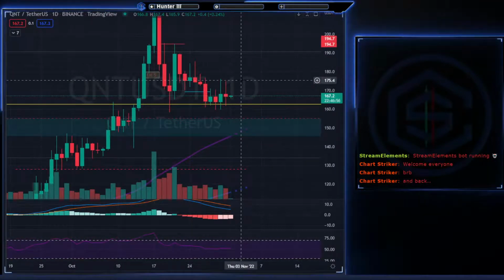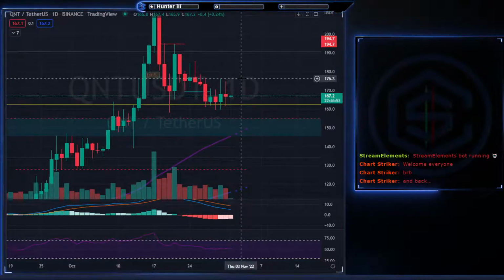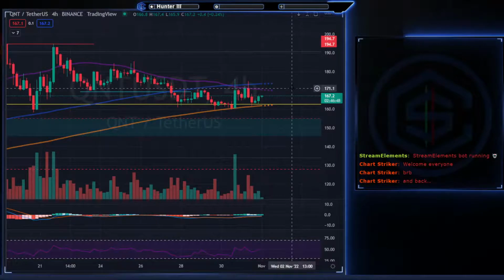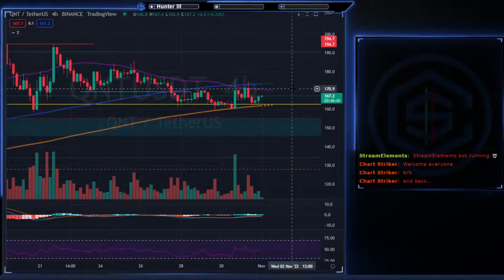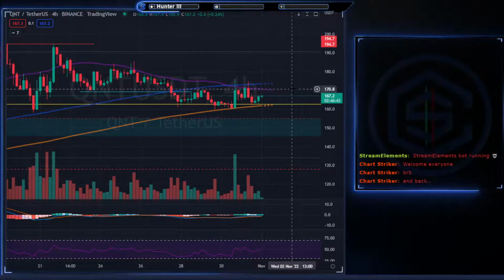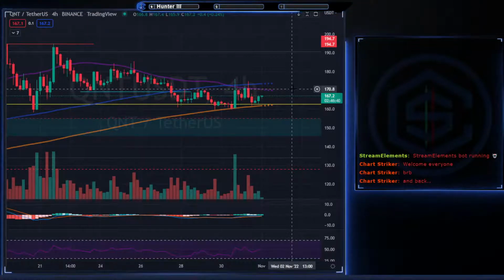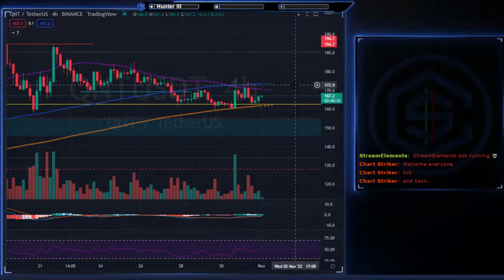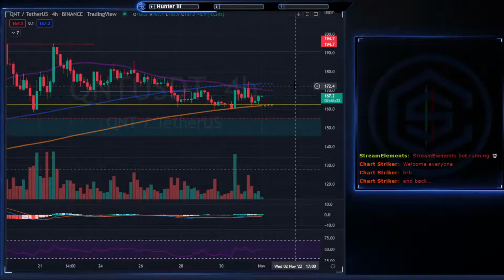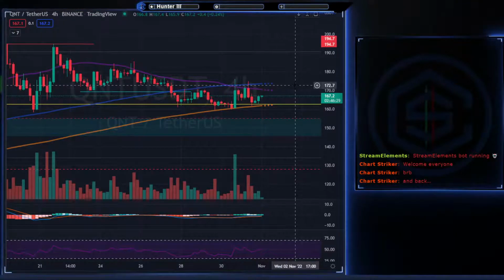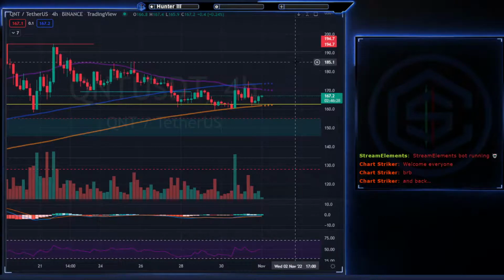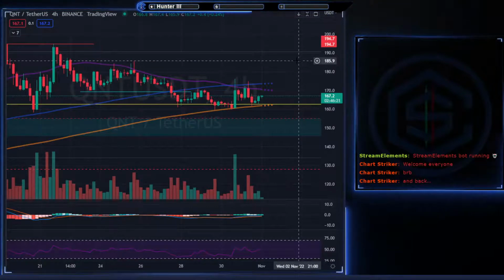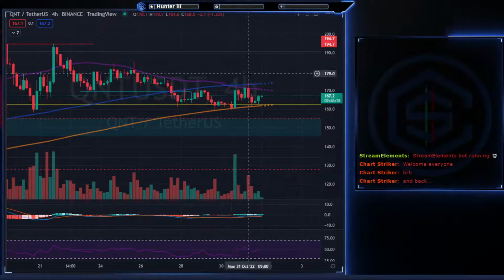But to the upside, let's start with the short-term areas. If we can break above $175, $172 on a 4-hourly time frame, we might come back and retest $185 and so on.